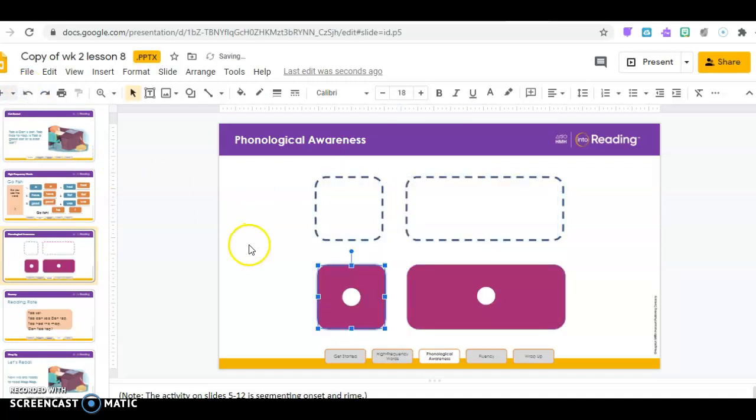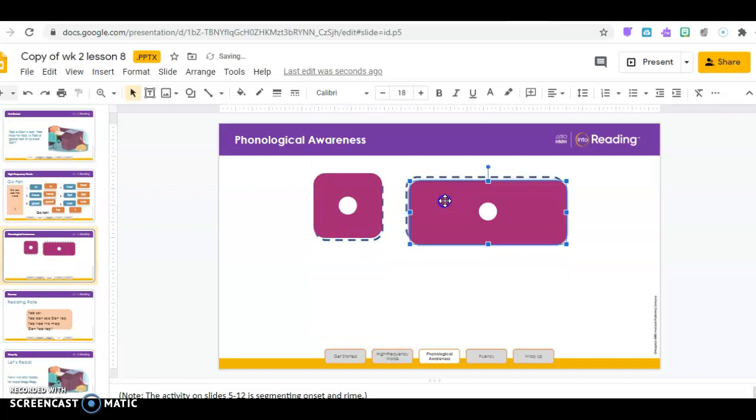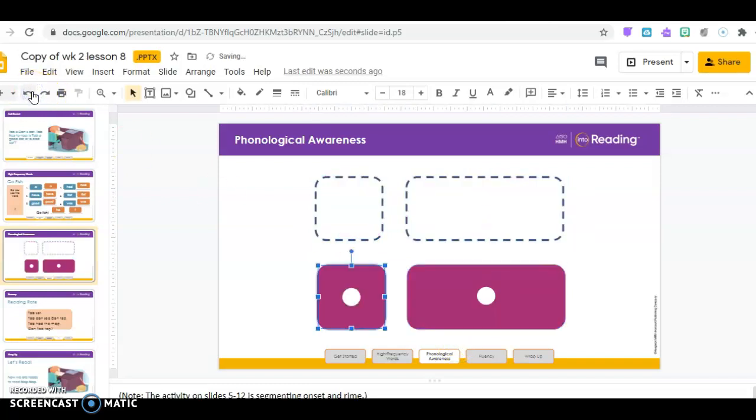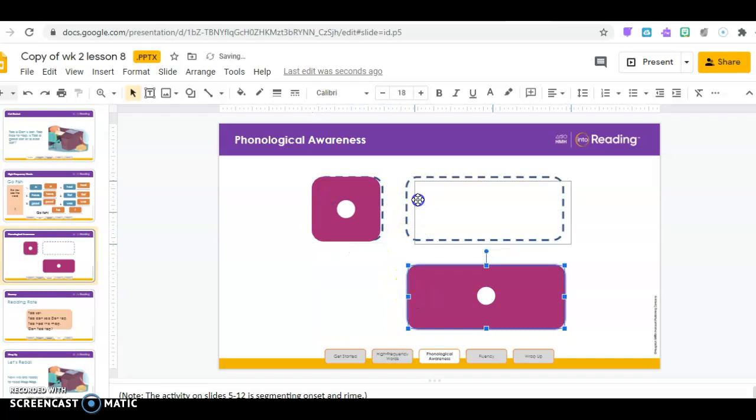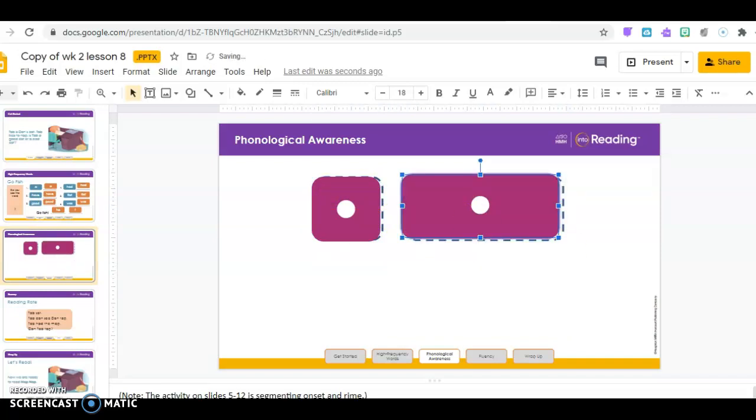The next word is home. Home. The next word is lap. Lap.